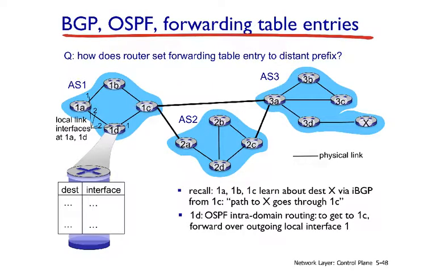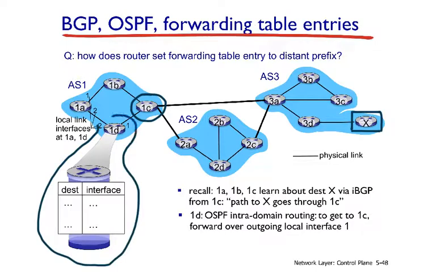Now we are going to learn what the content of a particular forwarding table, routing table, is when working with BGP. Let's focus again on the same example. We want to reach X, and imagine that this is the border node that receives this advertisement. So in this case, we want to know what the content of node 1D routing table is.